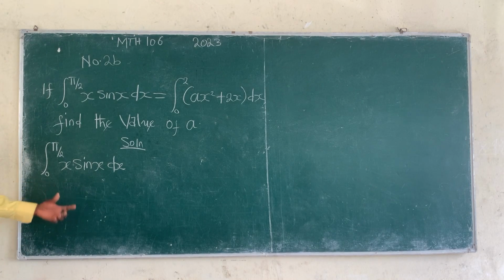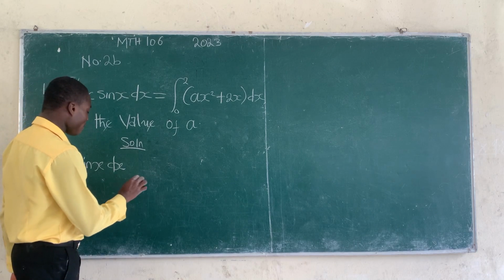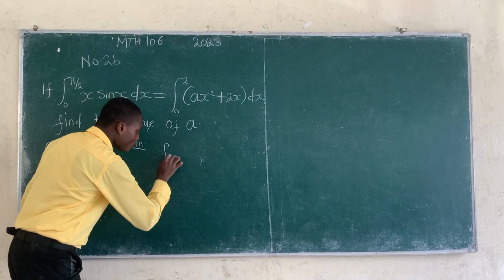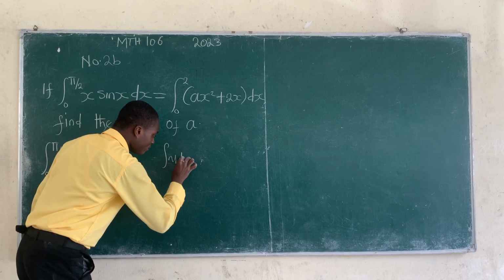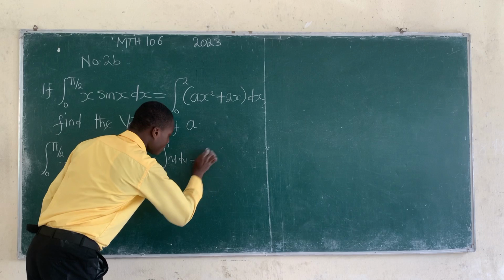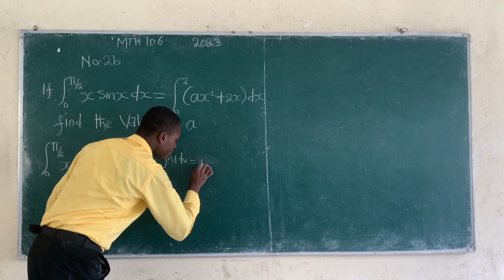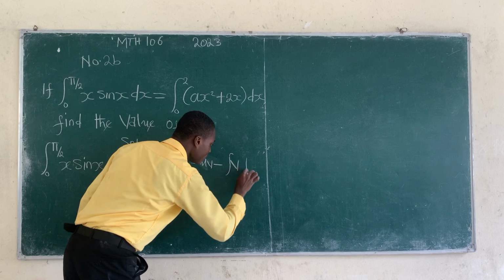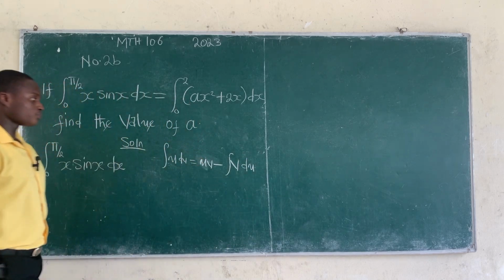And to start, let's state the formula. The integration by parts formula states that the integral of u dv is equal to uv minus the integral of v du.